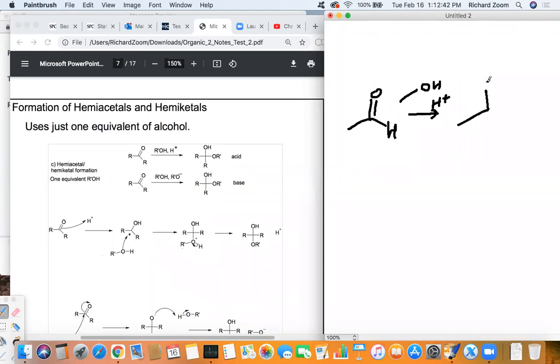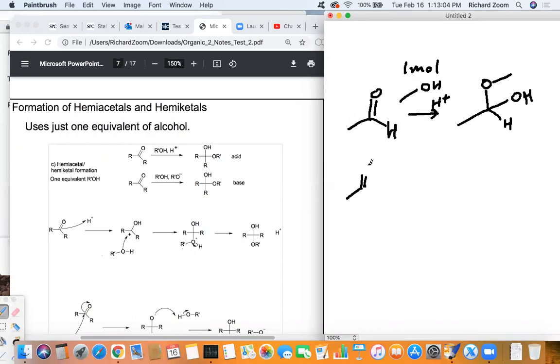And the product here, instead of being 2 OHs, is going to be the alcohol group adding on, and then an OH group will be on the H here. So that would just be 1 mole, or if you like, 1 equivalent.